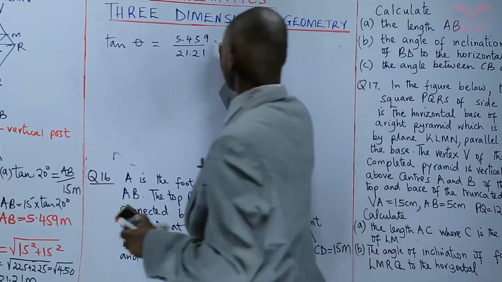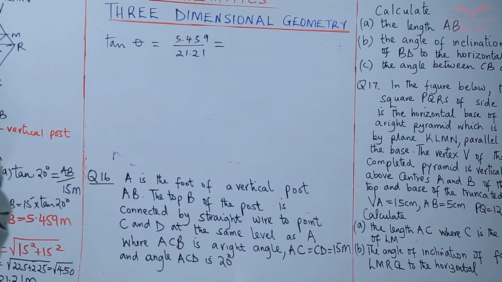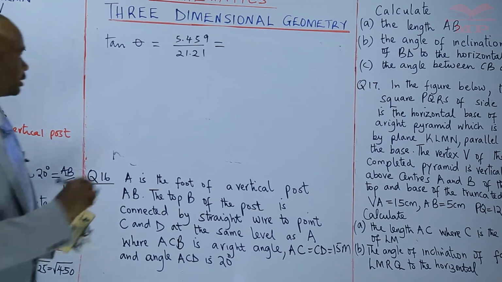Punch with your calculator, 5.459 divided by 21.21, you'll get 0.2574.